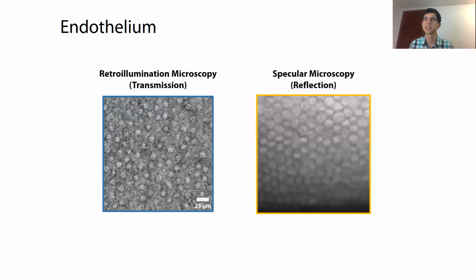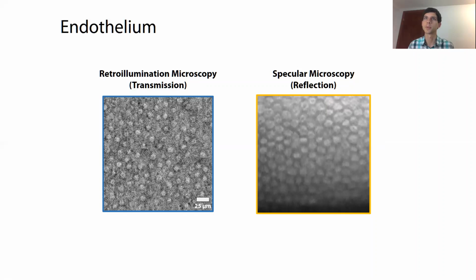You see, for instance, that our retroillumination microscopy is sensitive to what looks like endothelial cell nuclei. And that's actually quite in contrast with specular microscopy, which seems to show only the cell edges of the endothelial cells, and not so much their nuclei.